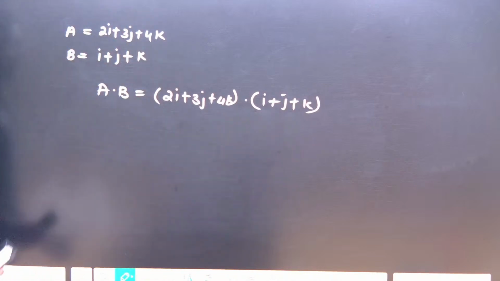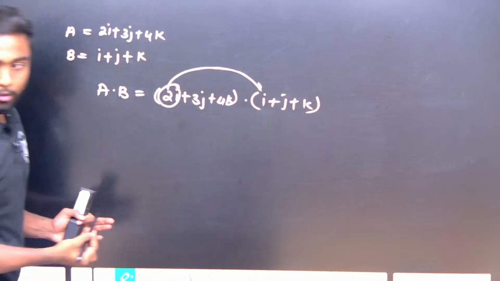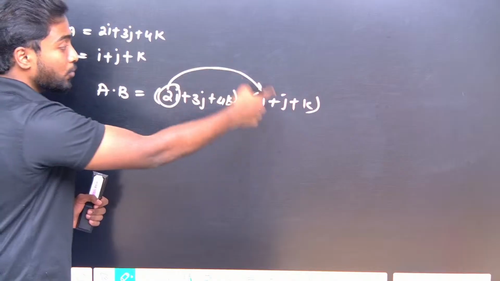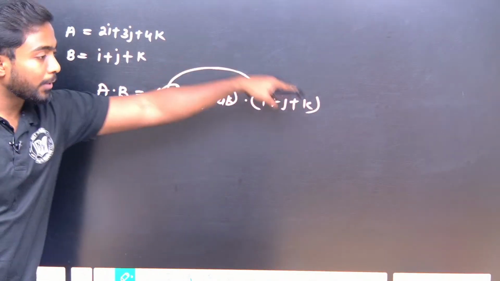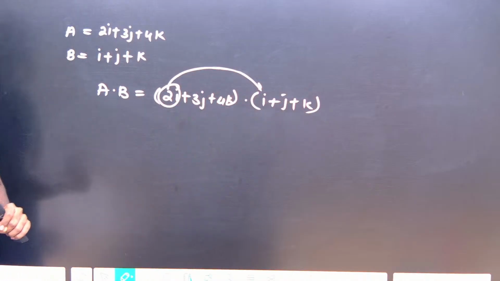Now when I take 2i and multiply with every term, what happens? 2i into i, 2i into j. When I talk about i into j, 0, again i into k, 0, but i into i is 1, yes, no.